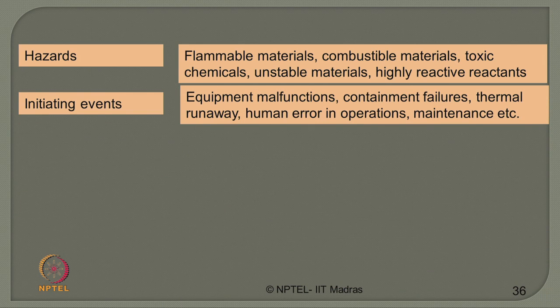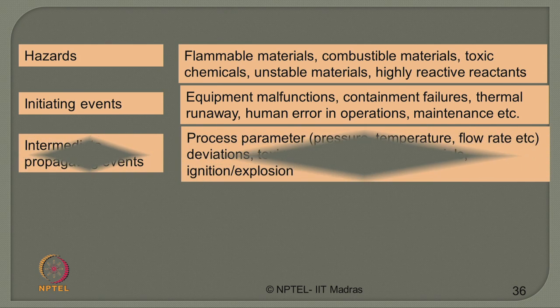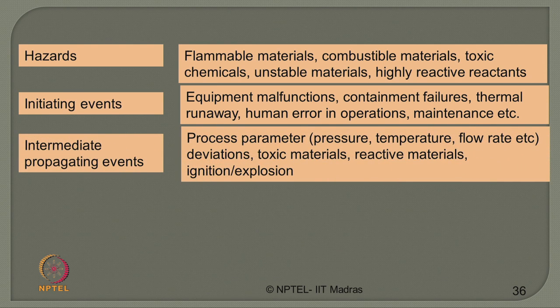If you look at initiating events, they can arise from equipment malfunctioning, containment failures, thermal runaways, human error in operations and maintenance, etc. If we talk about intermediate propagating events, they can be process parameters like temperature, pressure, flow rate, etc. It can be deviations from the design intents, it can be toxic materials, reactive materials, ignitable and explosible materials available as an inventory in the process plant.